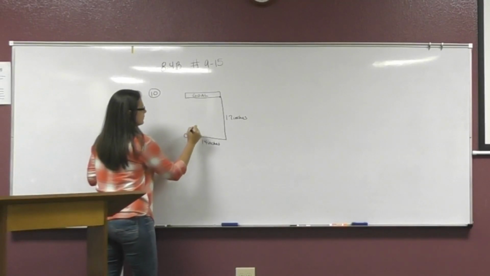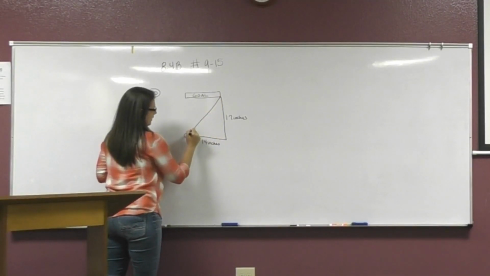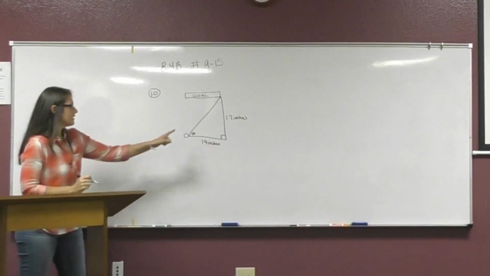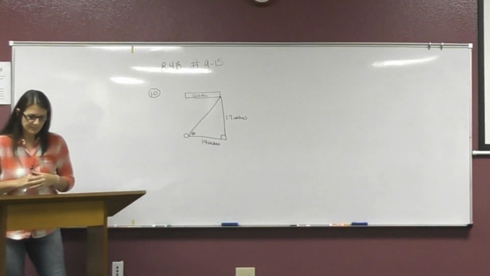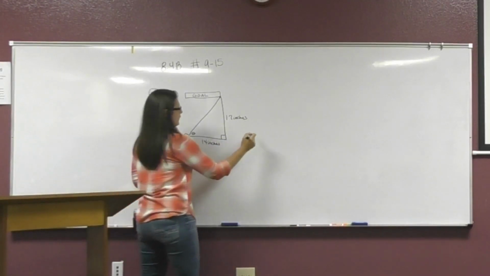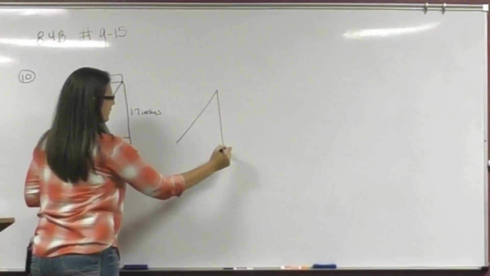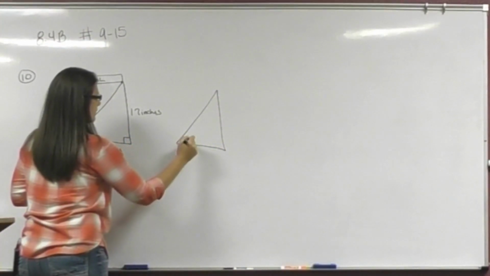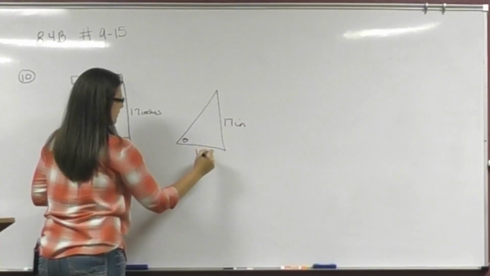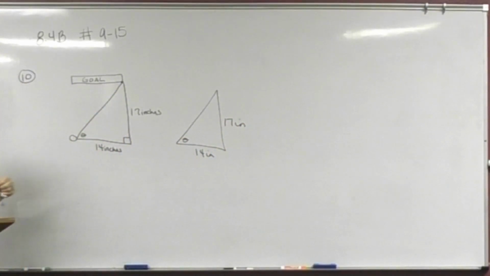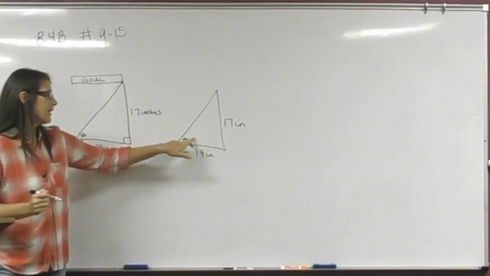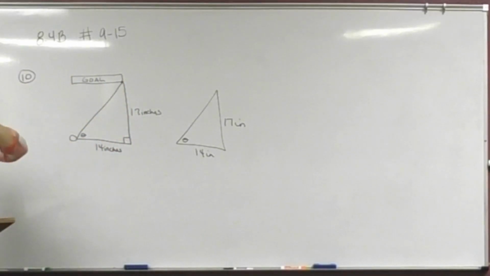So we're looking for this. What is this angle right here? If you need to extract it without all the other details, it looks like this. So we're looking for this angle, we're looking for theta.